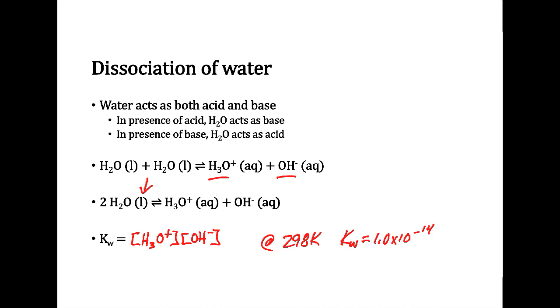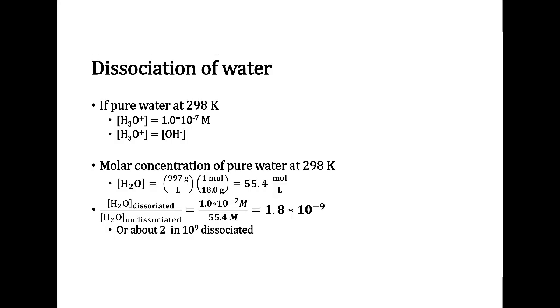Again, this is just like any other equilibrium constant. Just here, the W specifies that it's for the dissociation of water. So let's consider pure water at 298 K. Kw is equal to 1.0 times 10 to the negative 14th, and Kw is equal to the concentration of H3O+ times OH-.